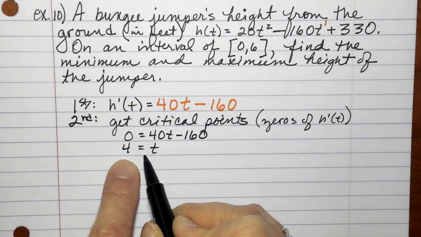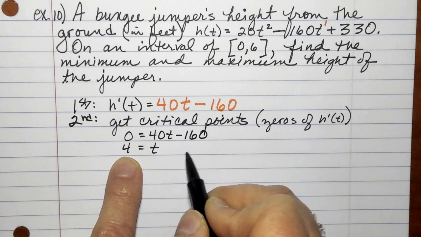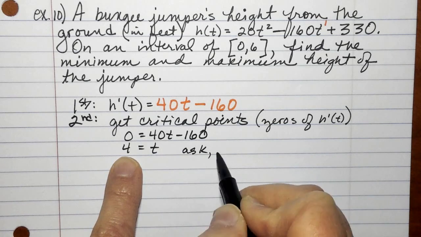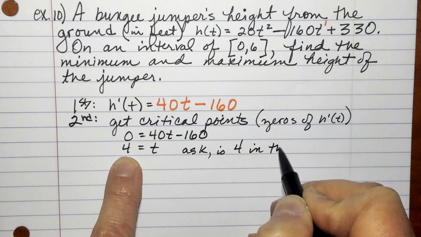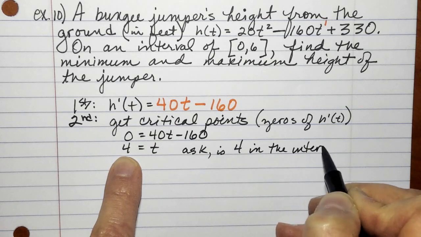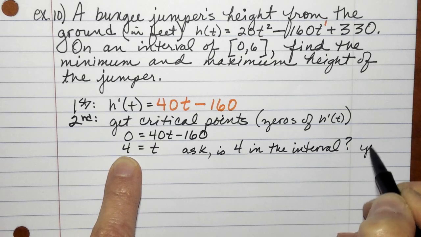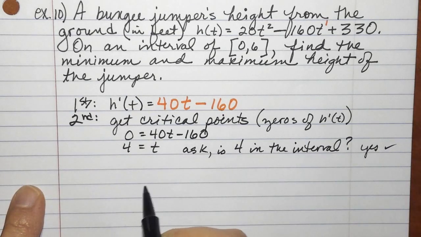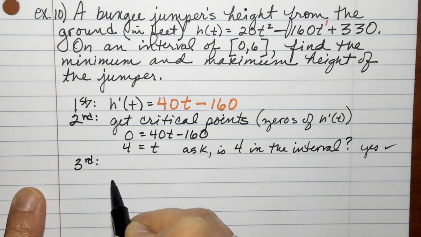So is the 4 seconds in your interval? You need to ask yourself, is 4 in the interval that it requests? And yes, this one is. Then the third step is to evaluate.